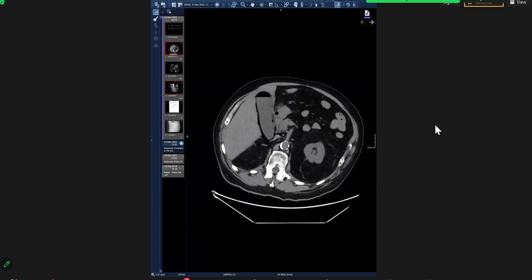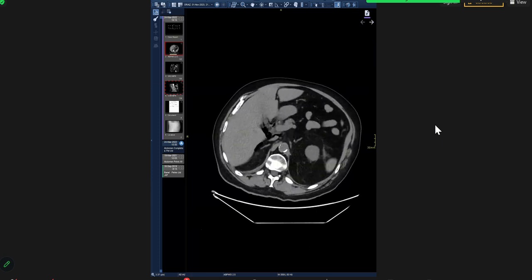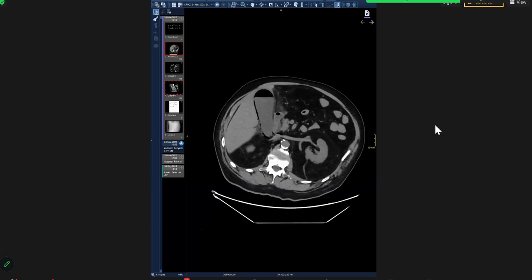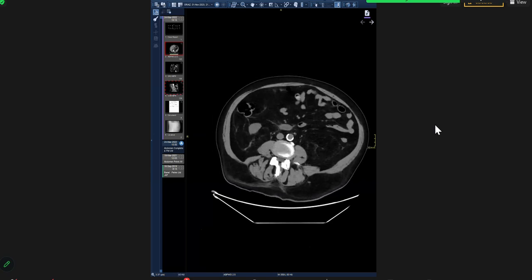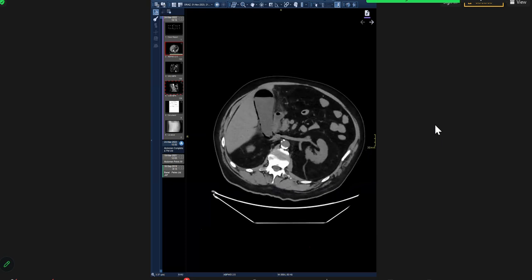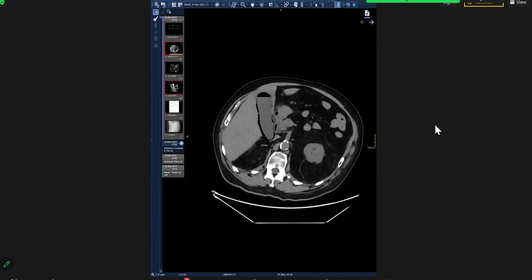Now, what kind of CT is this? Non-contrast CT. Yes, ma'am. Why would the patient be getting a non-contrast CT when the patient is so sick?